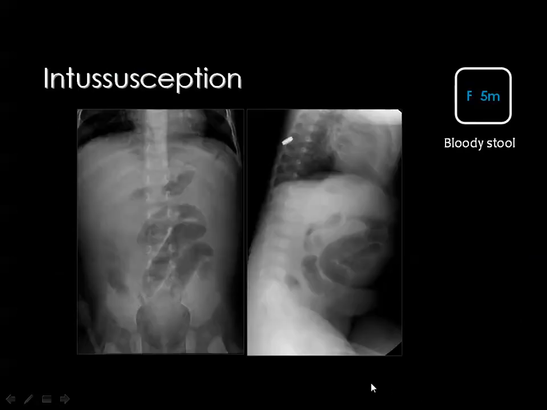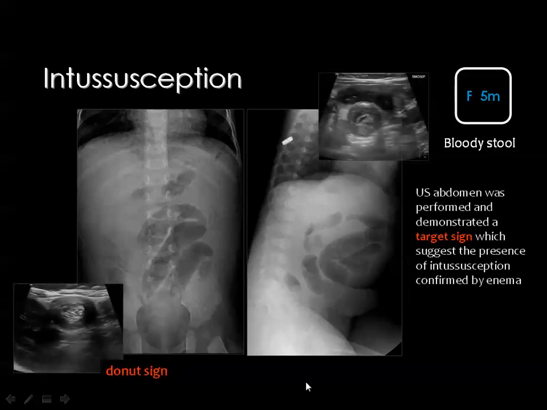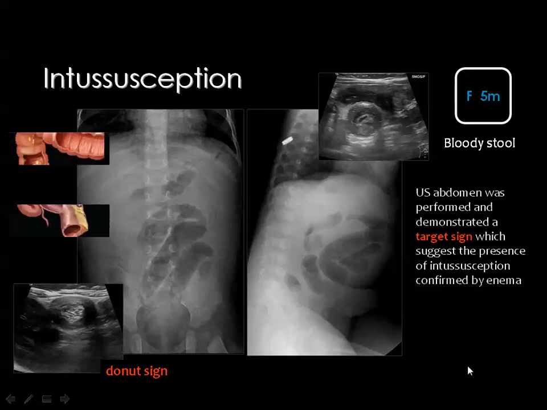By plain film, you cannot predict the possibility of intussusception. You see dilated gas-filled bowel loops, but by ultrasound, you are sure from this target sign that you are dealing with an intussusception, and you can exactly locate its site.